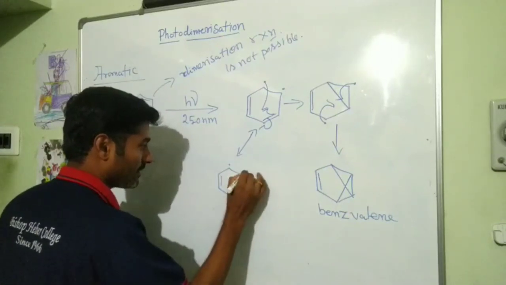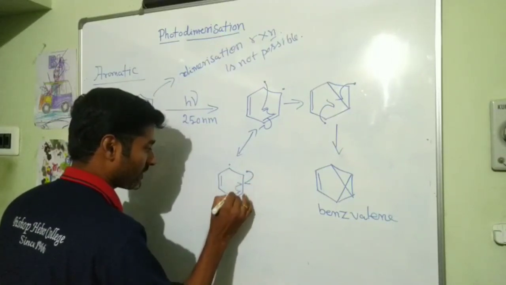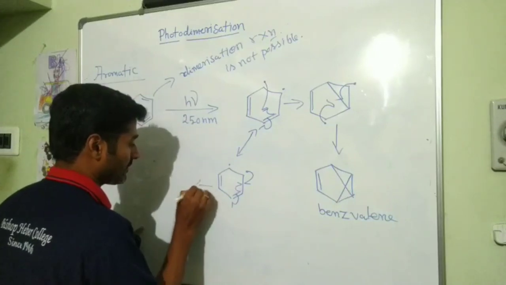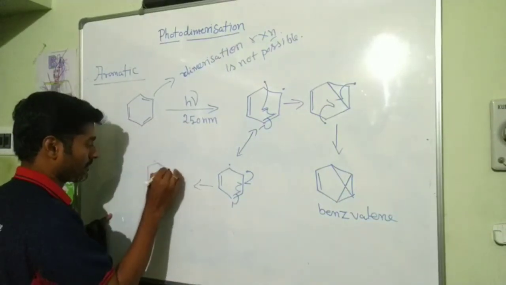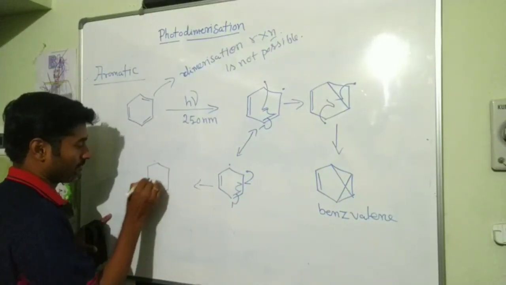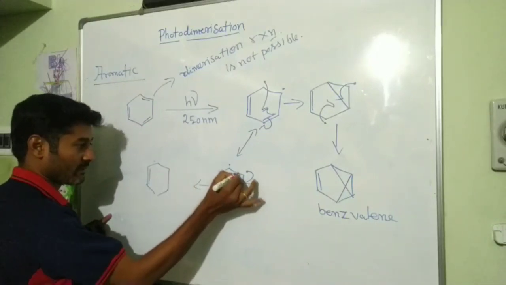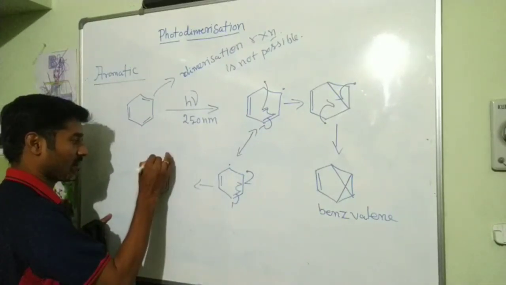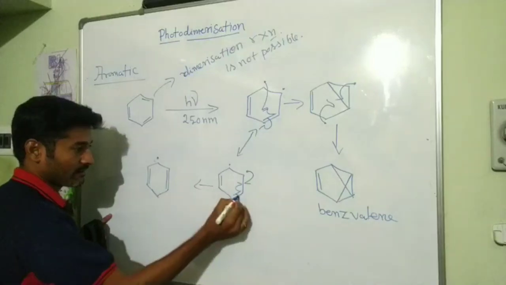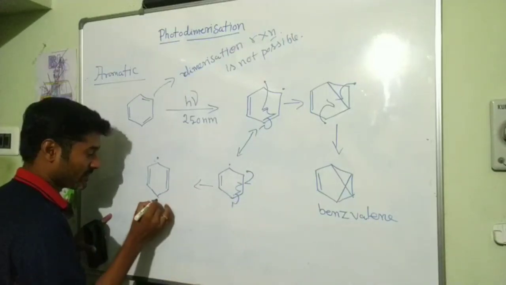If this radical will react in this way, here there will be the pi bond formation, and here already we have a radical, and one electron will come and sit on this carbon.